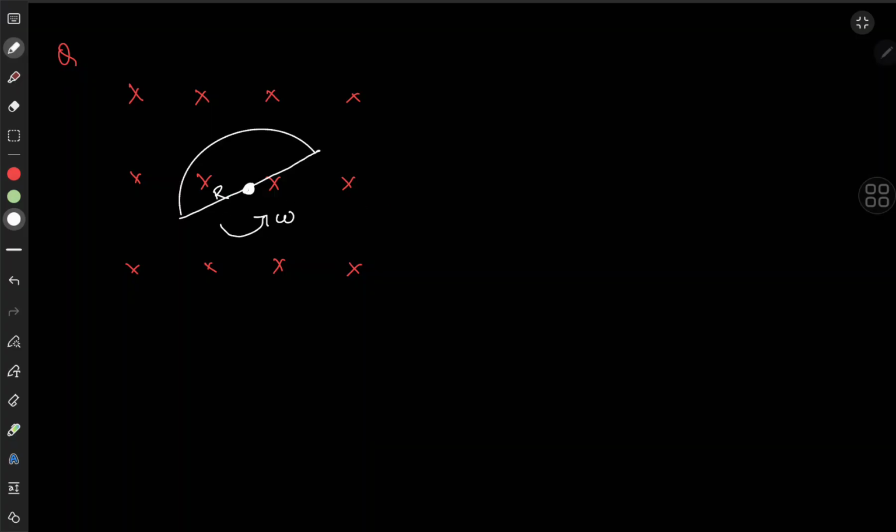If it is rotating with an angular velocity omega, what is the induced EMF in this rod or in this wire?